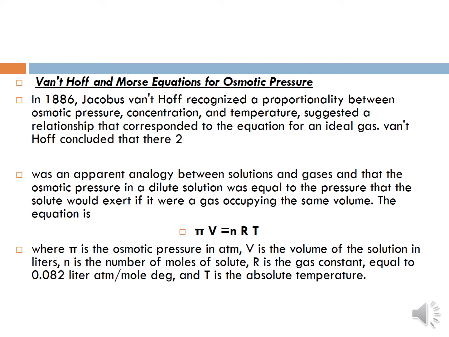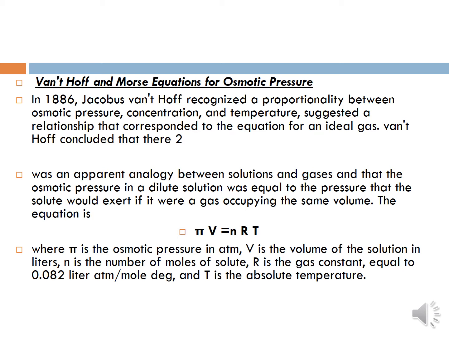In this case, the apparent similarity between solutions and gases due to osmosis is that the osmotic pressure in a dilute solution was equal to the pressure that the solute would exert as a gas, multiplied by the volume.